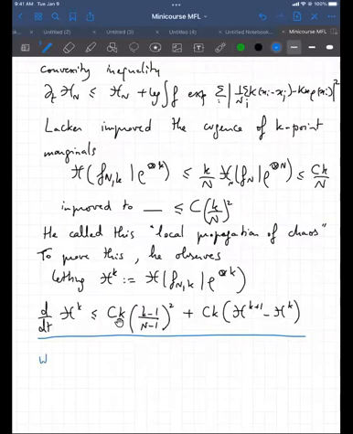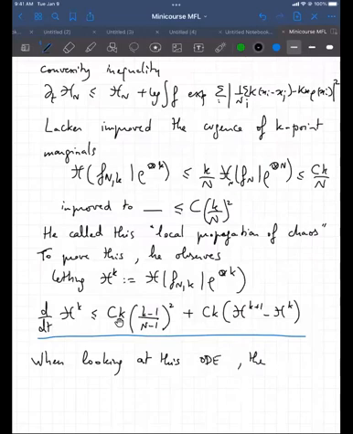So when using Gronwall, so when looking at this sort of ODE, the very important part is this minus hk here.